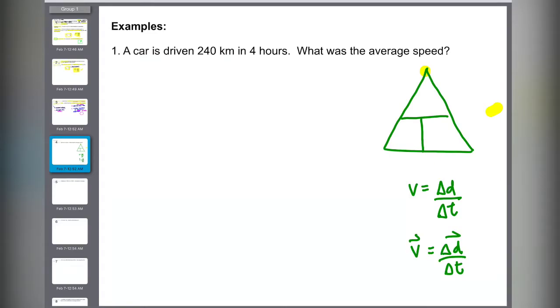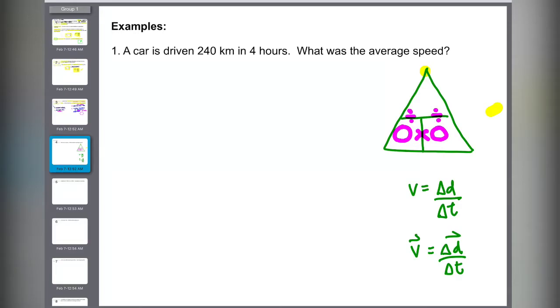I don't know how much you remember how to do these. If I have two things beside each other, I am multiplying. If I have things above and below each other, I am dividing. So take a look at the equation. I have v is d divided by t. Do you see d divided by t?